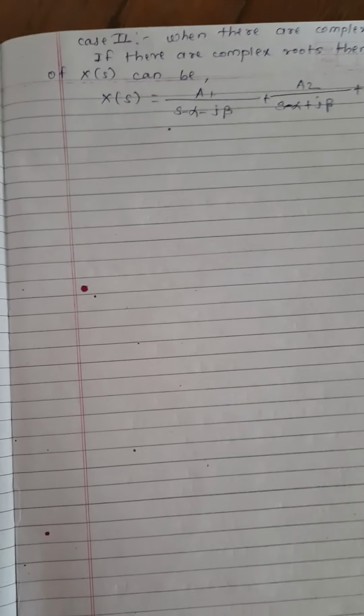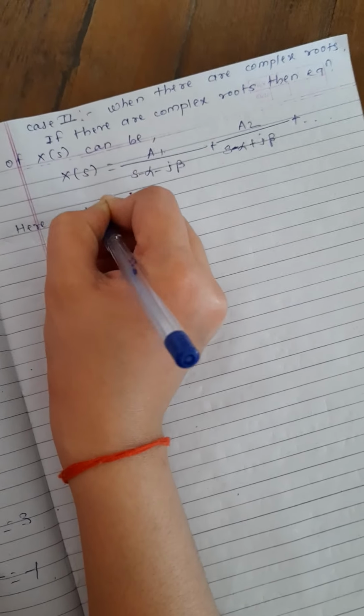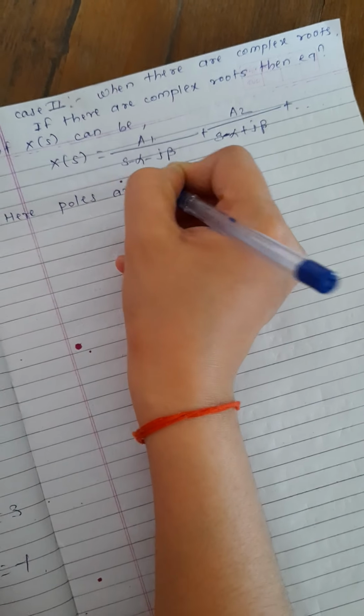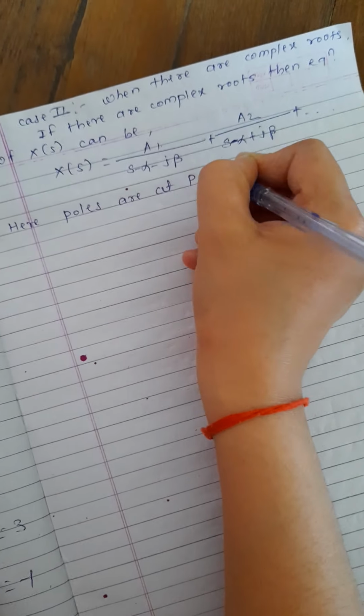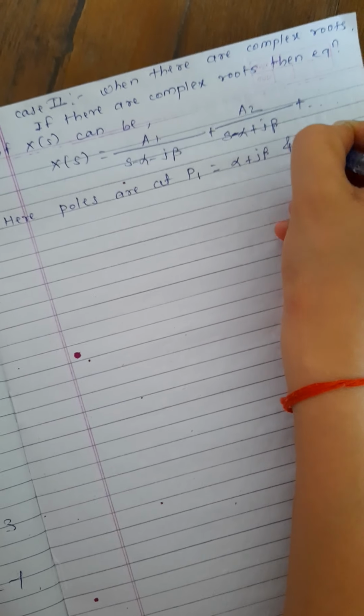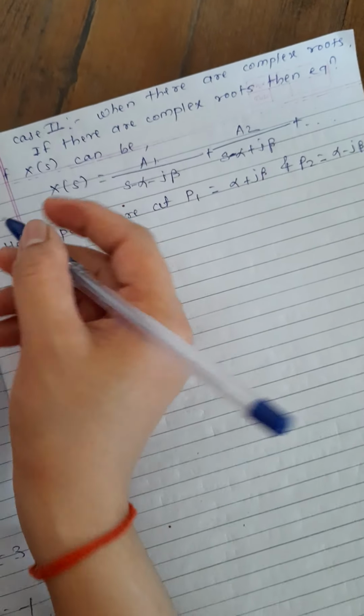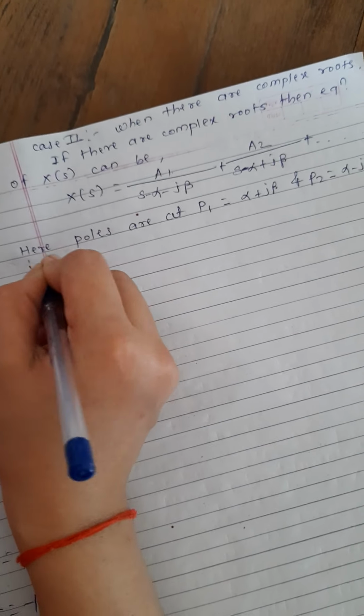Now here the poles P1 and P2 from the denominator are alpha plus j beta and alpha minus j beta. We write here poles are at P1 equal to alpha plus j beta and P2 equal to alpha minus j beta, that is, the poles are complex conjugates of each other.